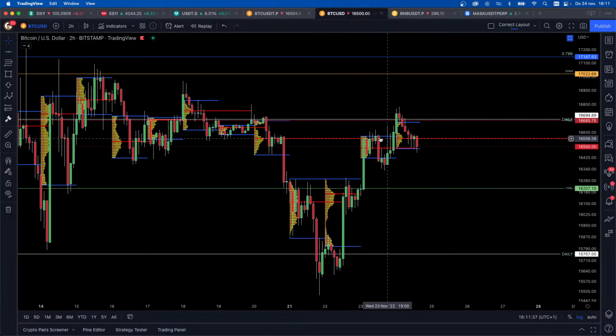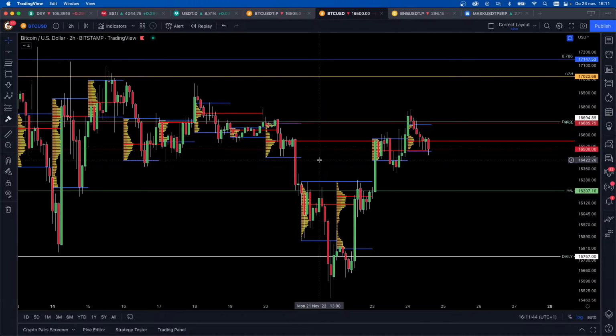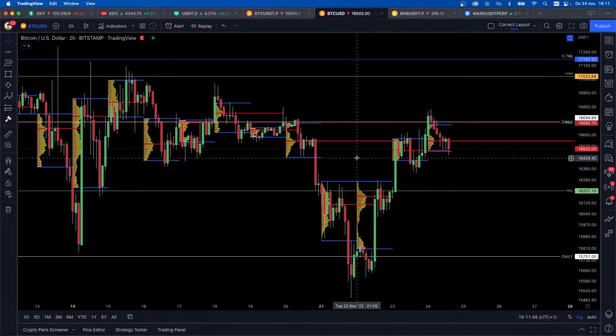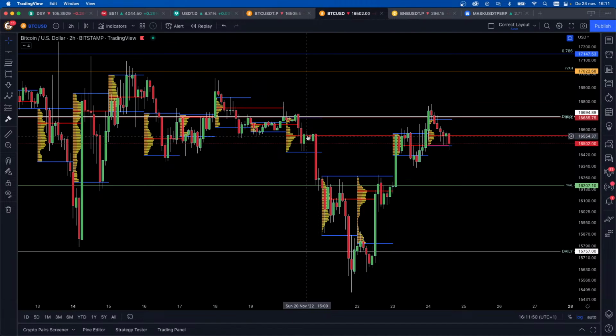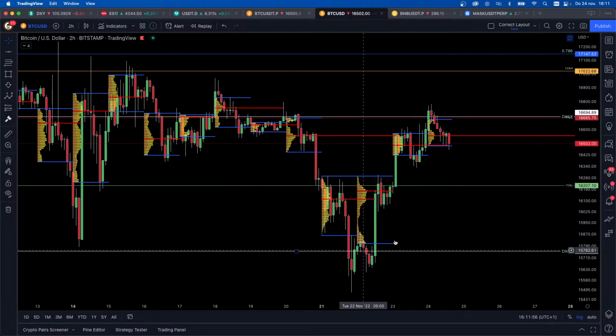Previous day, point of control, value area high, value area low. So very important is once you add this on the chart, you can see a point of control that is extended. You can actually click on it and extend point of control right. This point of control was from a previous day that was never been tapped again.